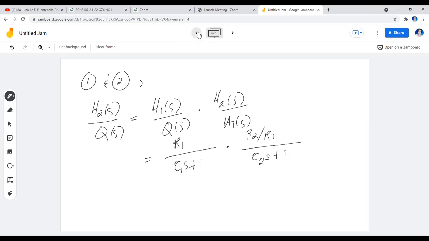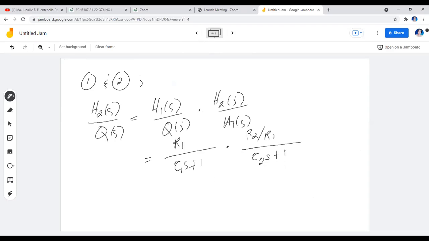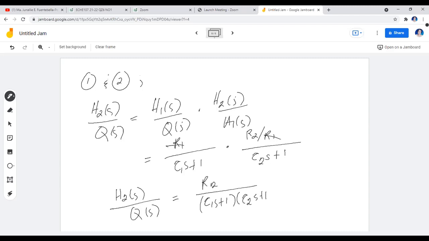Okay, this is our equation 2 here. So what happens is the R1s cancel each other. So true to what was shown to you a while ago, for the overall transfer function of your system, you'll have R2 over tau 1 S plus 1 times tau sub 2 S plus 1.